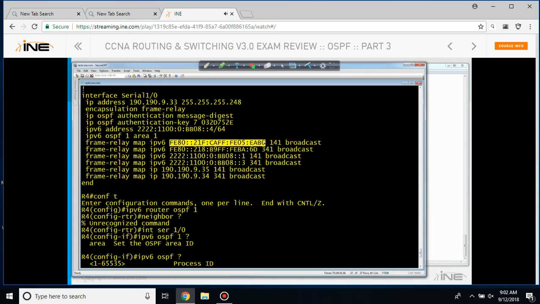The designers of this in the software had a choice. They could have kept the neighbor command under the process, but then they would have had to add something, like neighbor, the link local address, and also a field for you to put the interface, like neighbor FE80 blah blah blah serial 0/0 or serial 0/1. Instead, they force you to put the neighbor command right under the interface itself, so there's no mistake, no way to get it wrong.